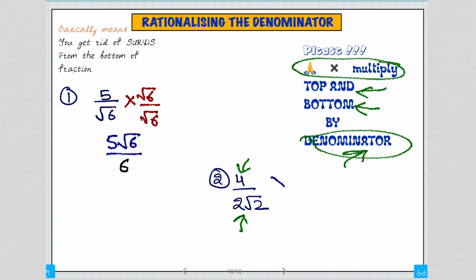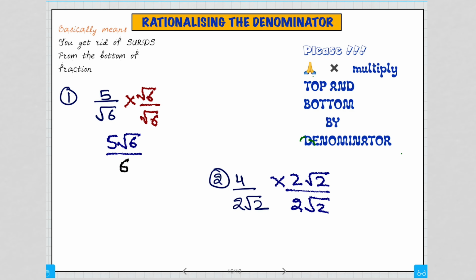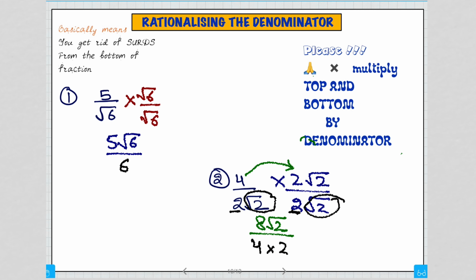So I'm going to times it with 2 root 2 over 2 root 2. I know 4 times 2 is 8 root 2, and for the bottom part 2 times 2 is 4, and then root 2 times root 2 would be just 2.